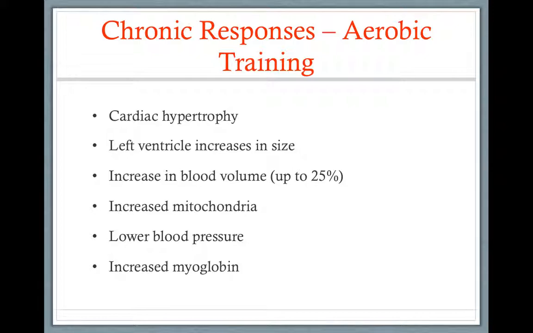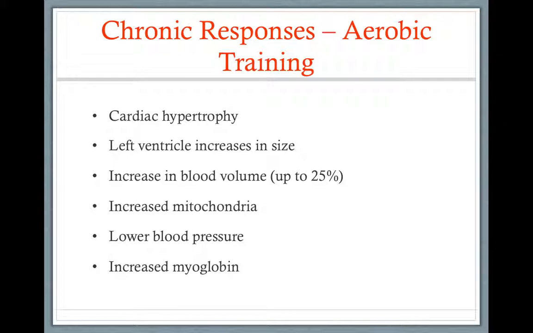Okay? Other responses that we see: an increase in blood volume, an increase in mitochondria, lower blood pressure, and increased myoglobin. Lower blood pressure is a good thing, no worries. Increased myoglobin: some of you might be sitting there scratching your heads going, what's myoglobin again? What's hemoglobin? What's heme? Heme is blood.